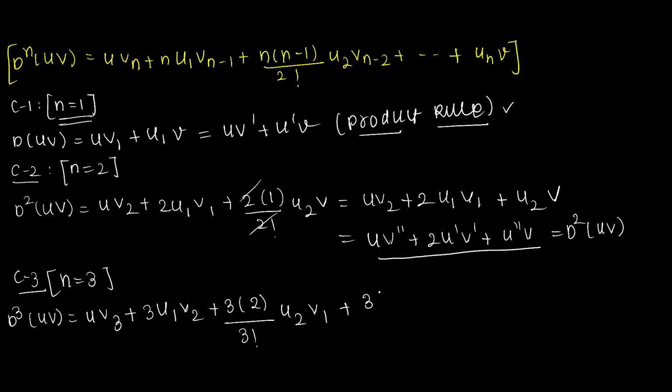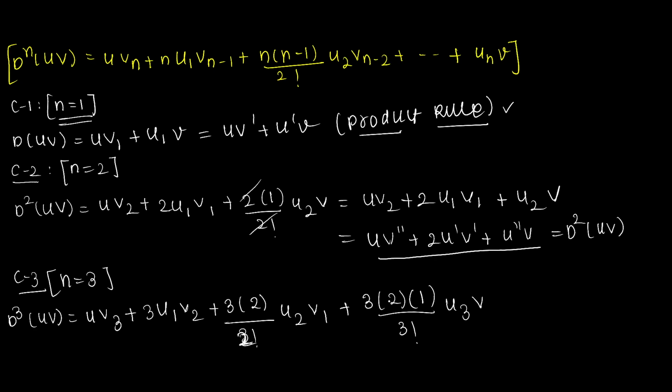I'll be getting 3 times 2 times 1 upon 3 factorial, then u_3 v_(n-3), which is v_0, so I'll be writing v as it is.